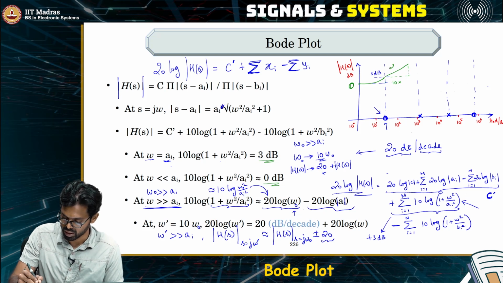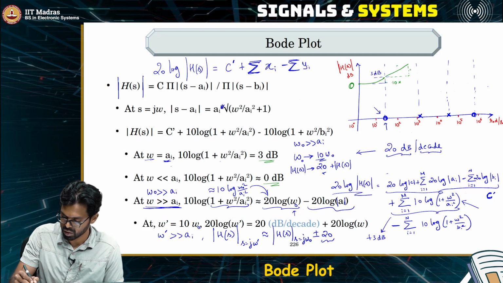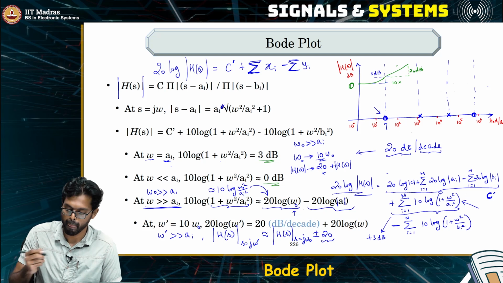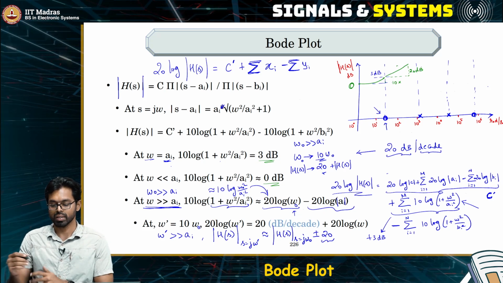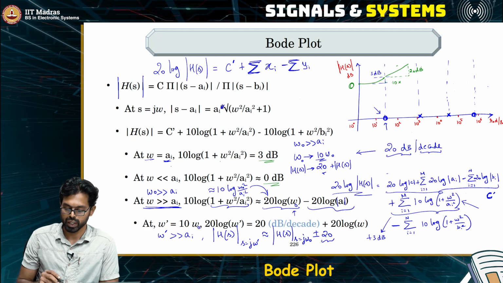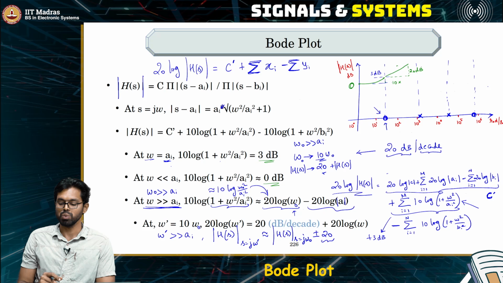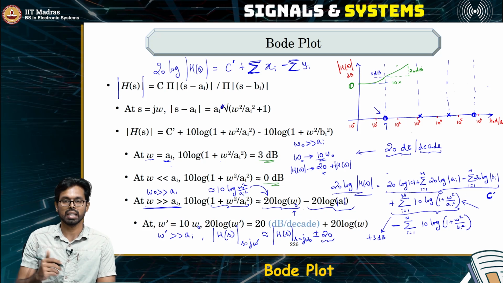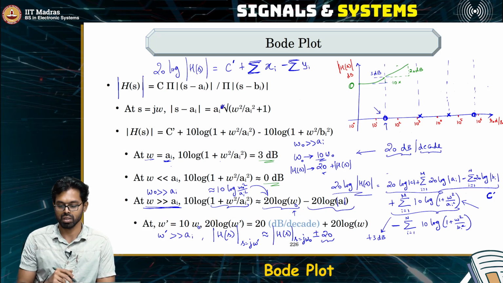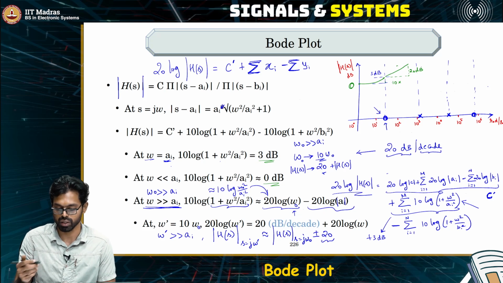So this should be 20 dB. So you have to plot such that the slope is now 20 dB. For every 10 times increase in the frequency value, there should be a plus 20 increase in the y-axis value, that is the magnitudes plot, the transfer function's magnitudes plot.